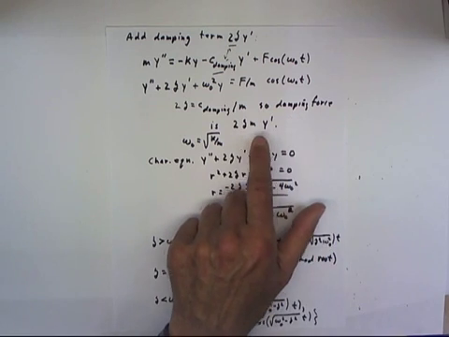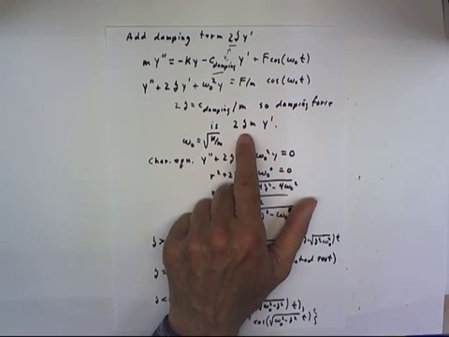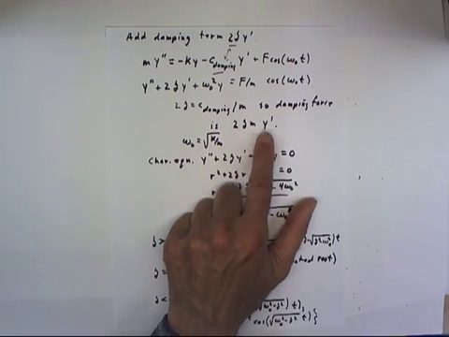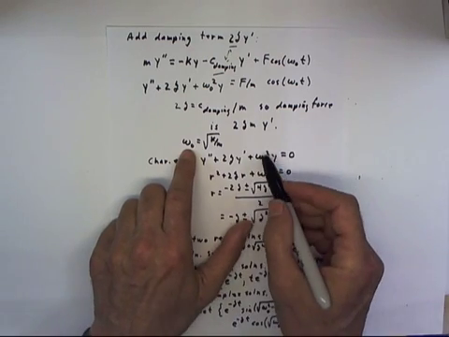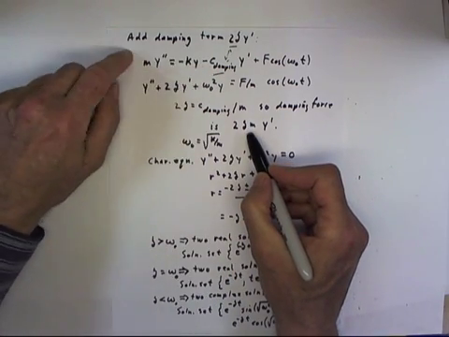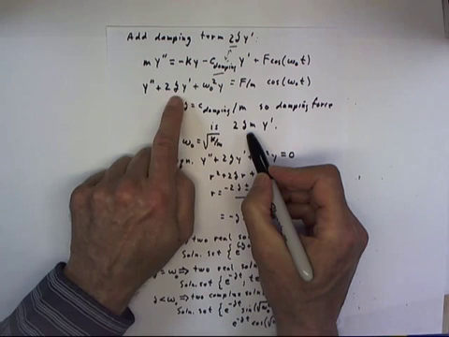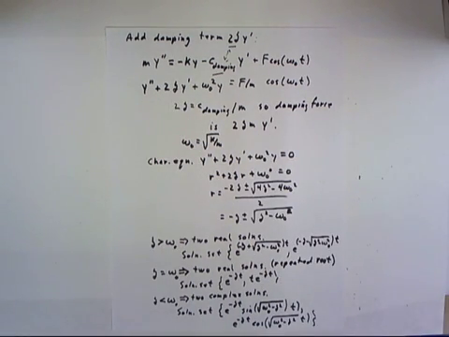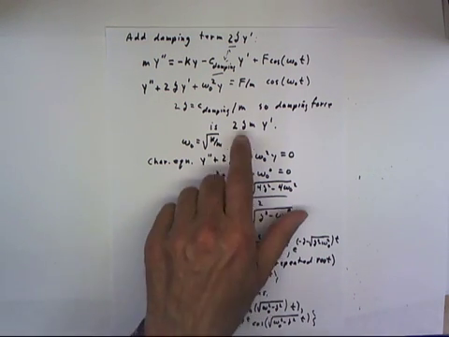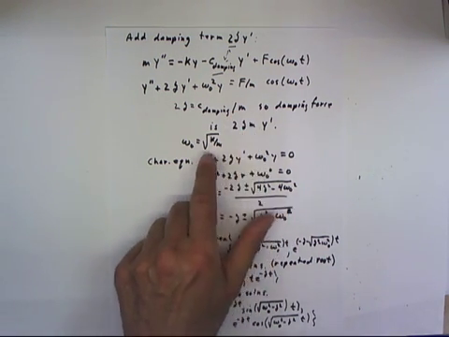Okay, so in any case, the damping force is then going to be 2 delta times m y prime. And when we then substitute that for C damping and divide by the m, we do end up with a 2 delta in front of y prime. If you're keeping track of the units of these quantities and the meanings of the quantities, again, I think we're better off to make sure we understand where the mass comes in.